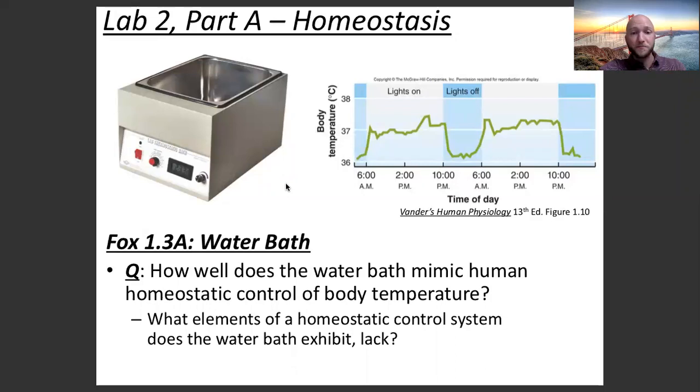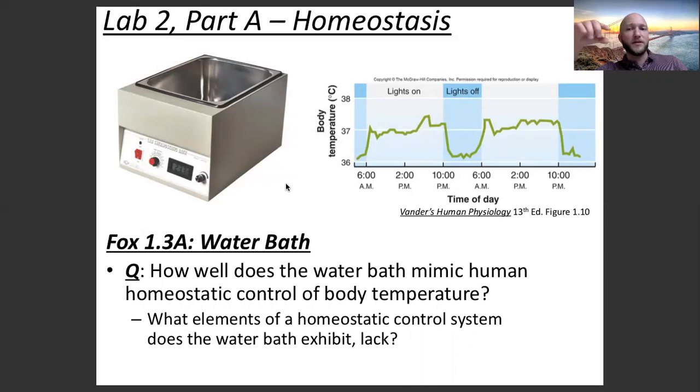Well, the water bath is going to detect that lowering of the water temperature. The water bath is going to detect that the temperature in the water dropped below the 50 degrees that it was set at. And so how is the water bath going to respond? The water bath is going to respond to this drop in temperature by turning on a heating unit.